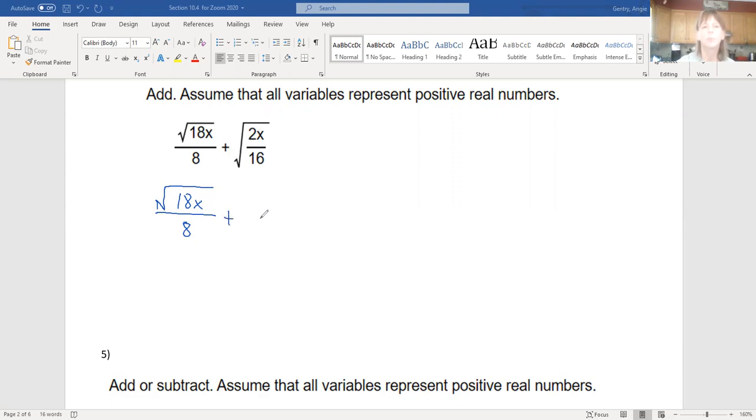So this depends on the problem, but you could use the quotient rule. And a square root of 16 is 4. So I'm going to do that first because I don't want to fiddle with a radical in the denominator, okay? So square root of 16 is 4. And now you got to create a common denominator.